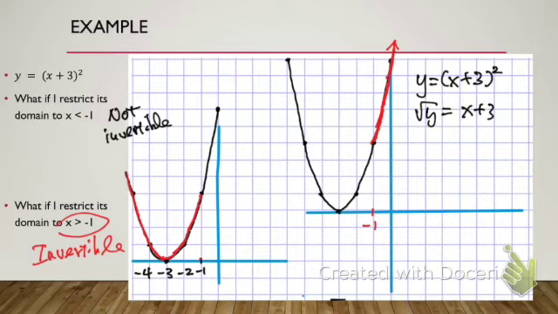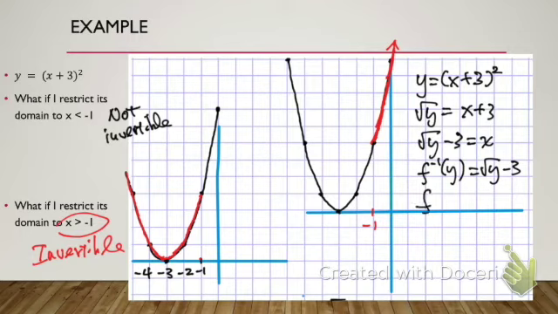Now I want to isolate x, so root y minus 3 would be equal to x. In other words, my inverse function, if I express it using the variable y, is root y minus 3. And again, in my previous video I said we generally use x as the independent variable, so I'm just going to replace y with x, so root x minus 3. That would be the inverse function.